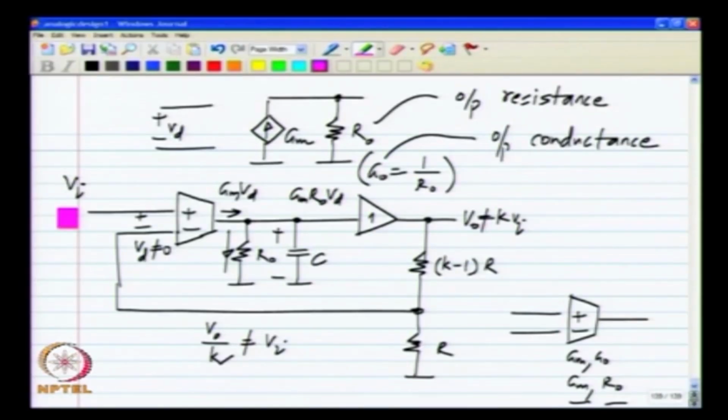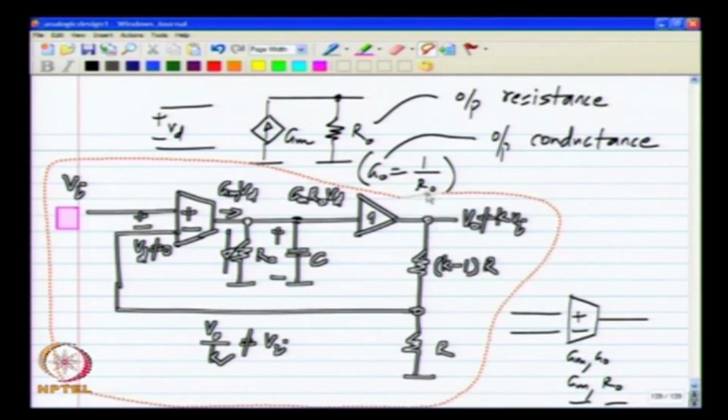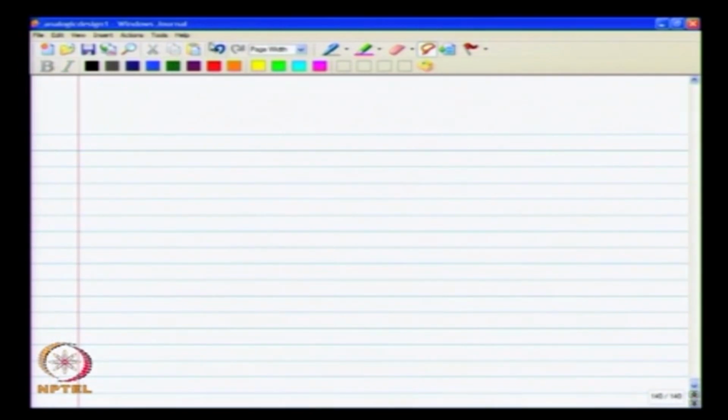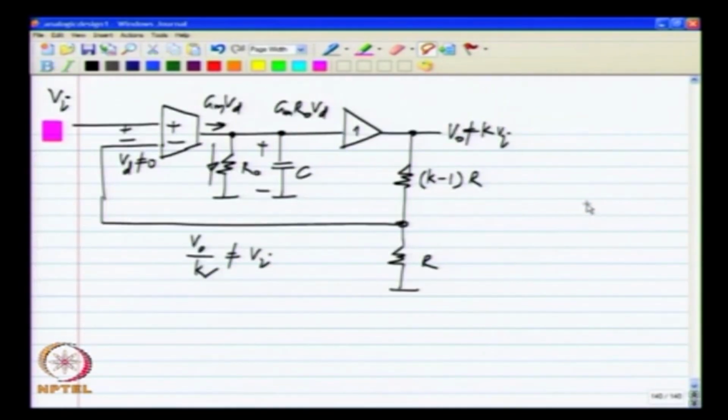So, we can do the analysis exactly and see what happens. Let us say V naught is of some value and this is at V naught by k, and Vd equals Vi minus V naught by k.